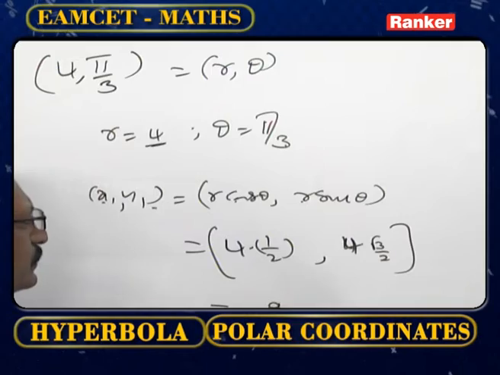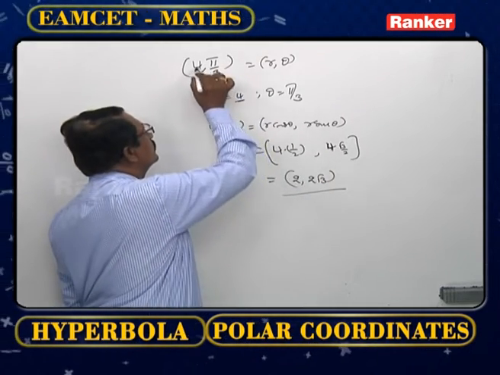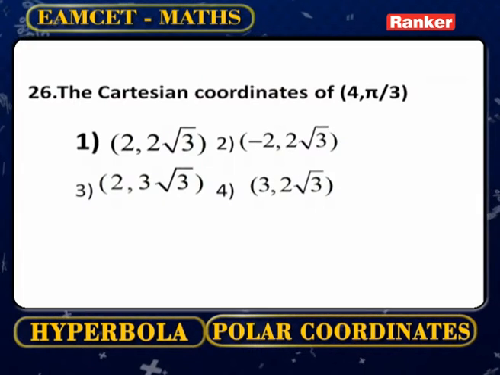Now that equals (2, 2 root 3). The Cartesian coordinates of the given point (4, pi by 3) is (2, 2 root 3). First option.